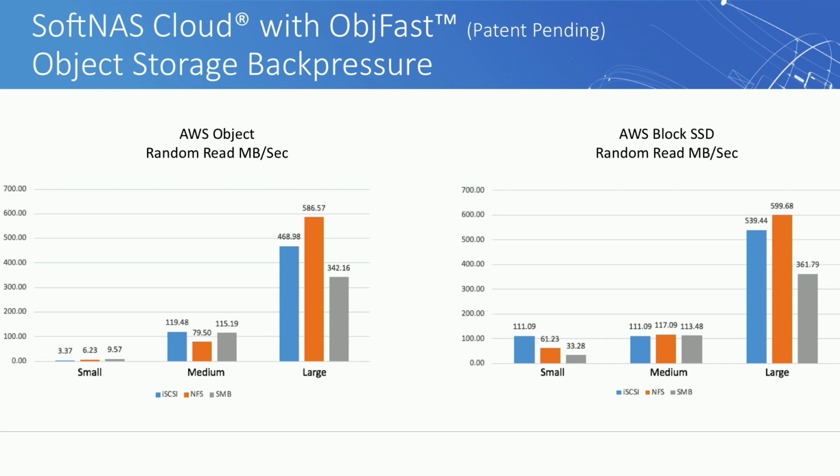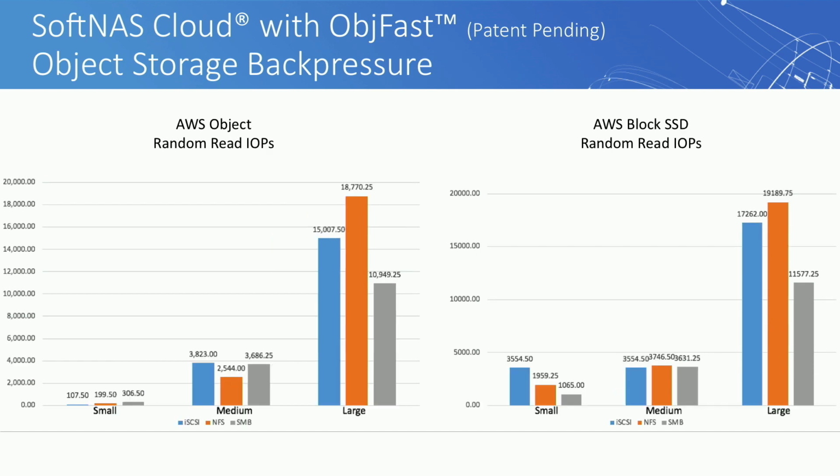We'll just take the large at 586, and over on the other side it's 599. These are the random read benchmark numbers that we ran. And again, the whole purpose of these slides, that was a throughput. This is an IOPS. You get the throughputs with the IOPS. And you keep the IOPS numbers up by avoiding those back pressure errors and always tuning towards what the back-end object storage can do.